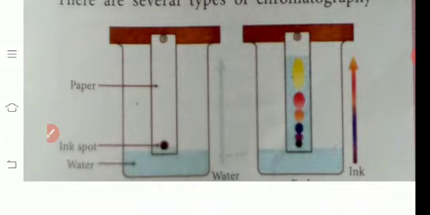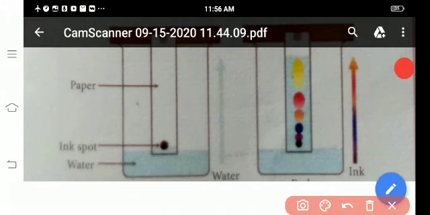Listen, this is an ink pot. Here we have water. You dip this paper in the water. So the water color is changed. Yes or no?